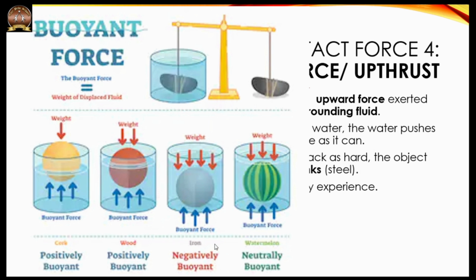Whereas a ball made up of iron would sink because its downward force or weight is greater than the buoyant force. A watermelon, whereas, would neither sink nor float but would remain just below the surface of the water. This is because the buoyant force and the weight of the watermelon is balanced perfectly in this case.